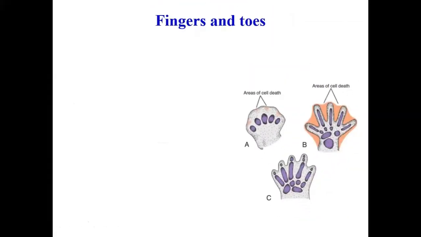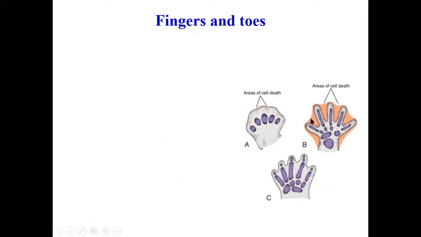Now come to the fingers and toes, how the fingers and toes are formed. Here we see how gradually the fingers are formed. First of all, this is the hand plate. And in the apical ectodermal ridge area, there will be cell death.